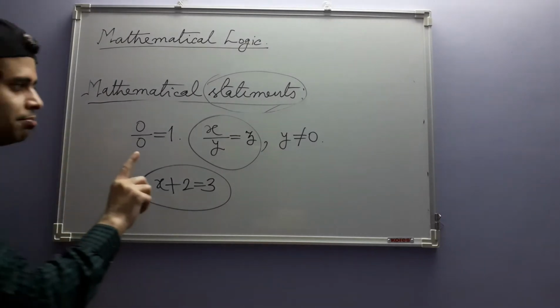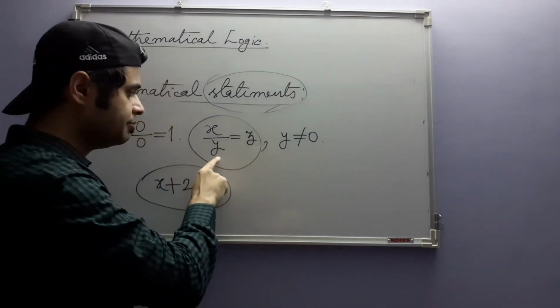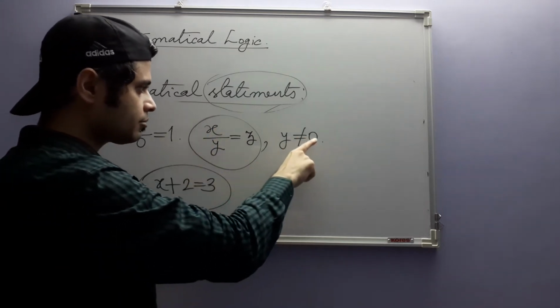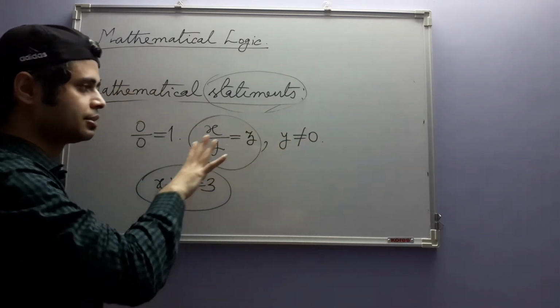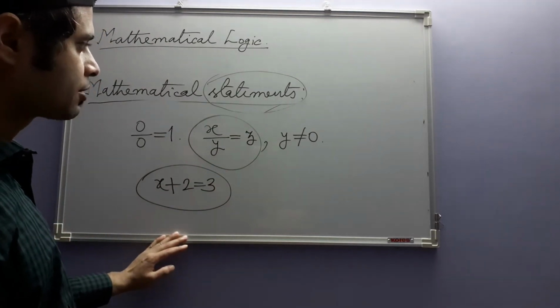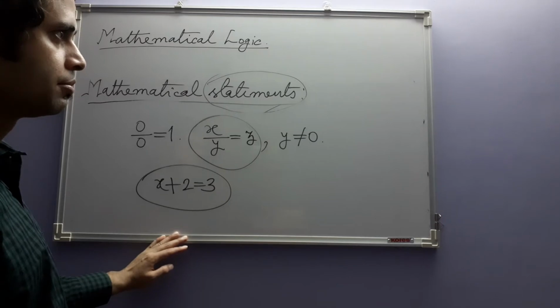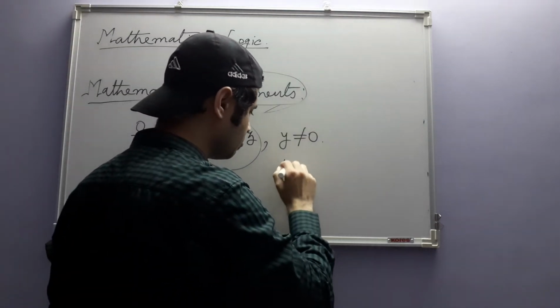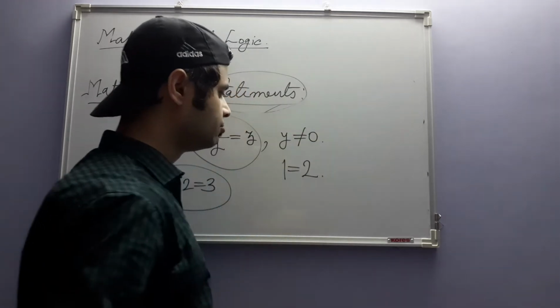So we have to be very careful in writing mathematical statements to make sure that this type of thing does not occur. In fact, you may have come across some mathematical fallacies, some proof that 1 is equal to 2.